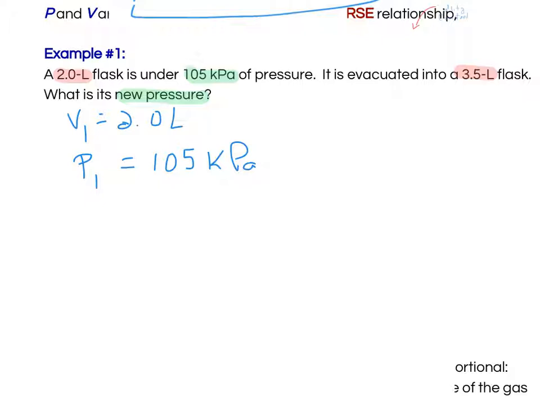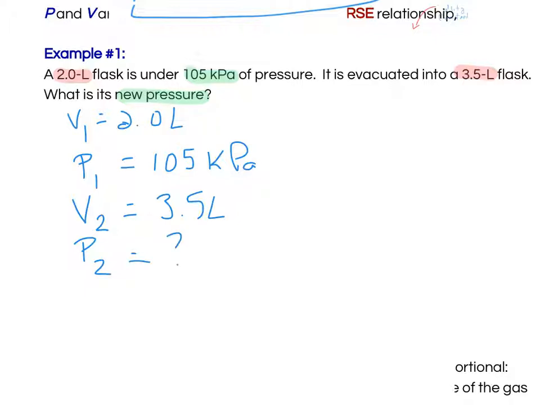It says it's evacuated into a 3.5-liter flask, so I'm changing the conditions and increasing the volume. My V2 is 3.5 liters. Finally, the question finishes with, what is the new pressure? So I'm looking for P2.